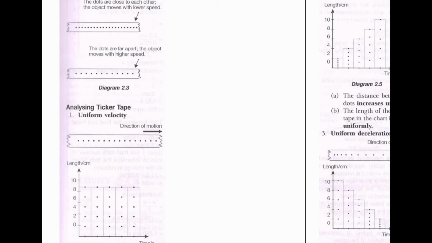Okay, so you have directions of motion. Direction of motion is to the right. That means the trolley, let's say for example, the ticker tape is stuck to a trolley, something like this. You have a trolley.